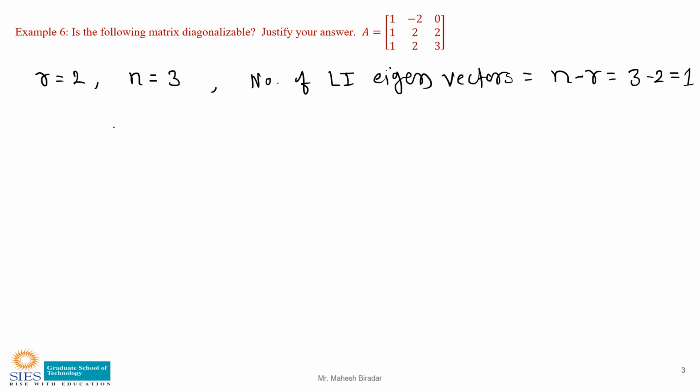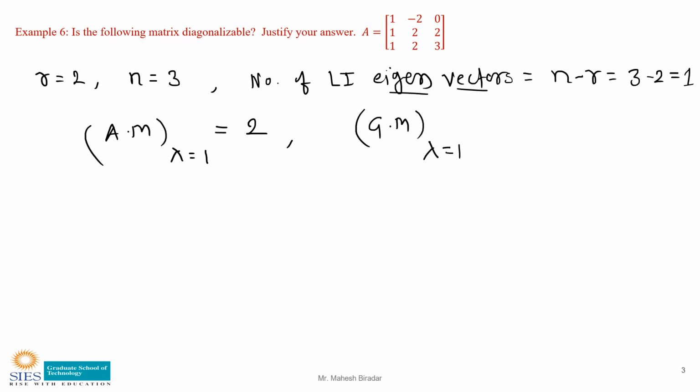So AM for lambda equal to 1 is 2 because 1 has repeated 2 times, and now we have seen GM for lambda equal to 1. GM means the number of linearly independent eigenvectors, which is 1. So here AM and GM are not equal.